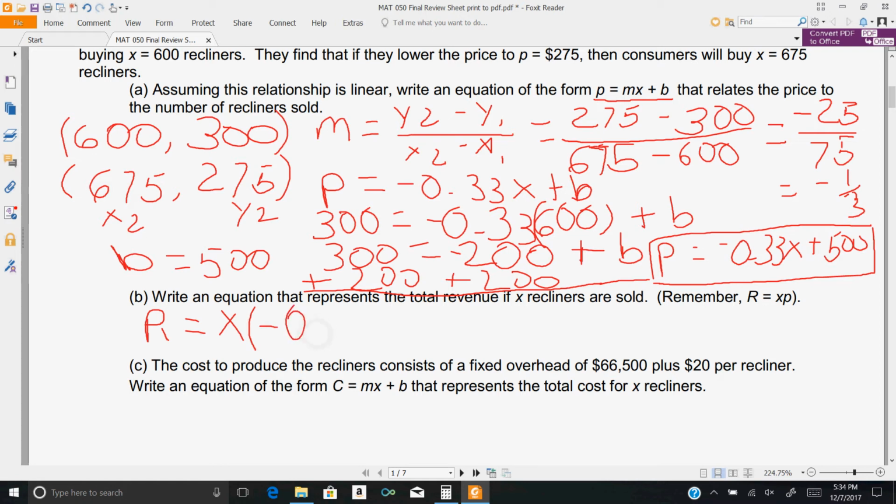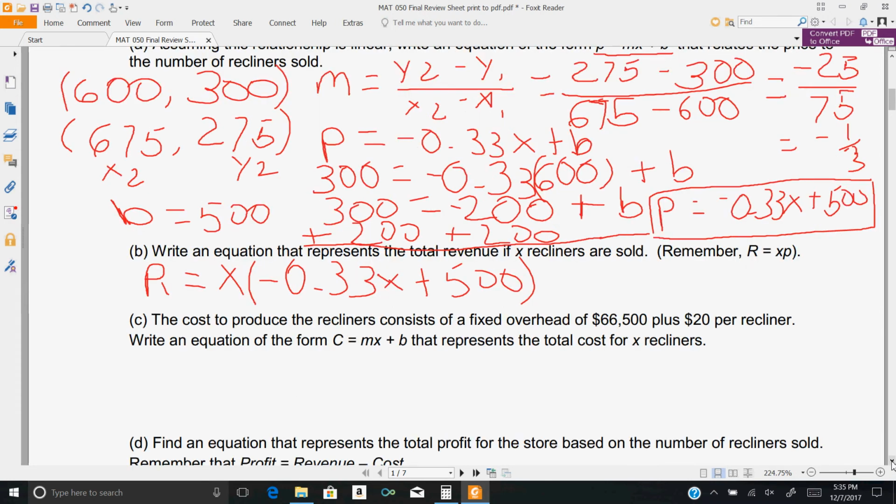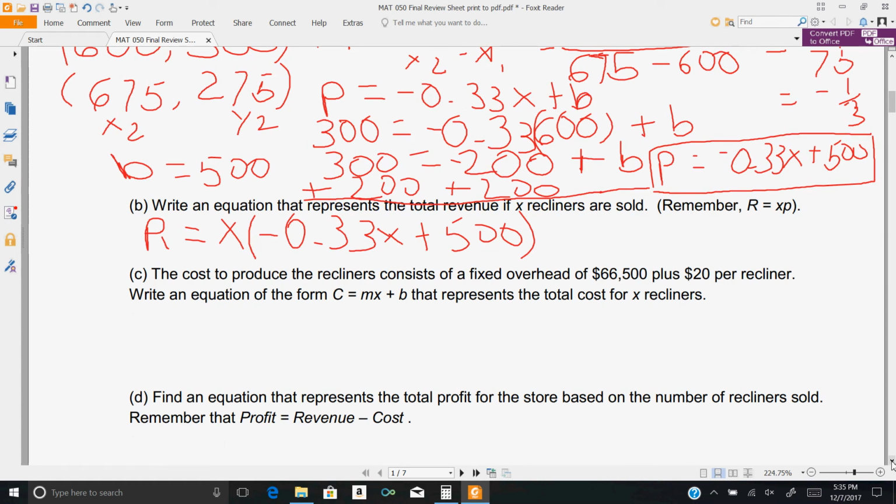Negative 0.33x plus 500. If you like, you can distribute the x. We may have to do that later, but right now I'm going to leave it the way it is, because that is an equation.